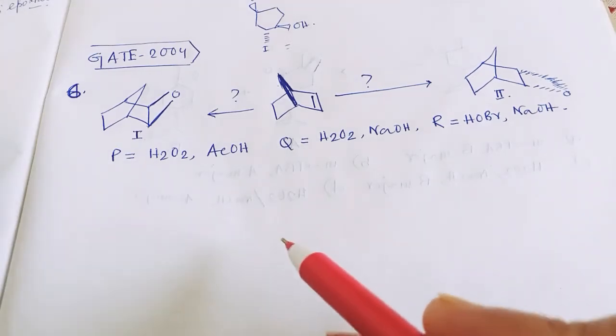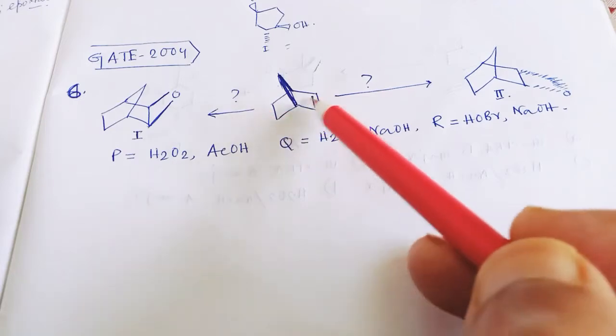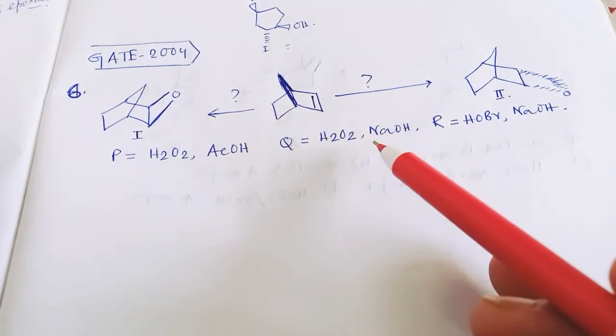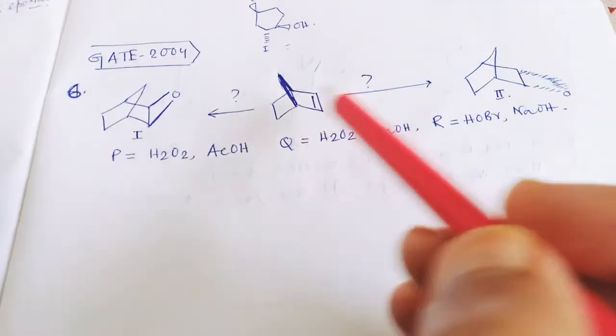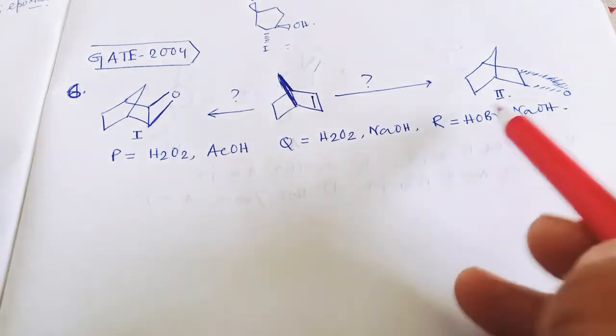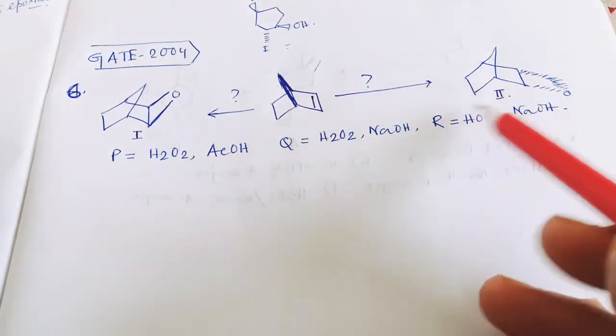Another question from GATE 2004. There is cyclohexene given and we have to predict the condition which suits the product between 1 and 2. There are three conditions given, P, Q and R. We have to predict the appropriate option from this.